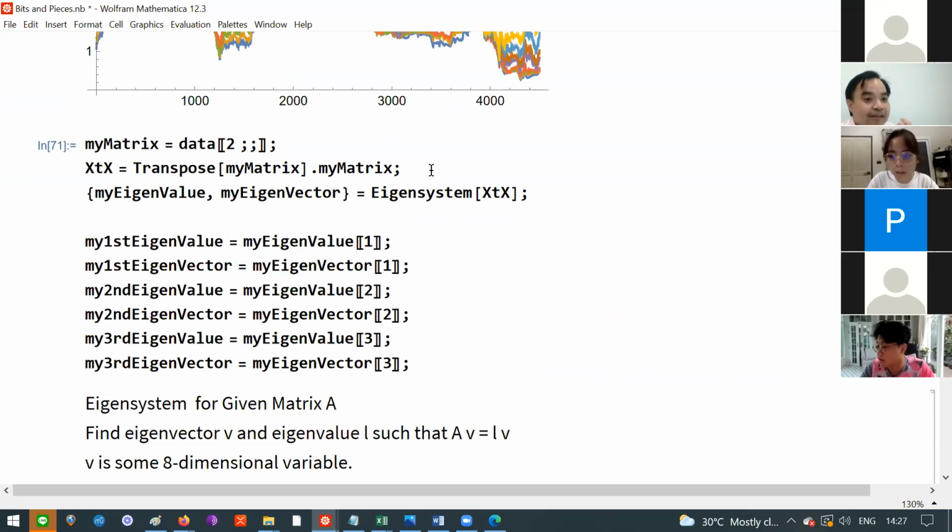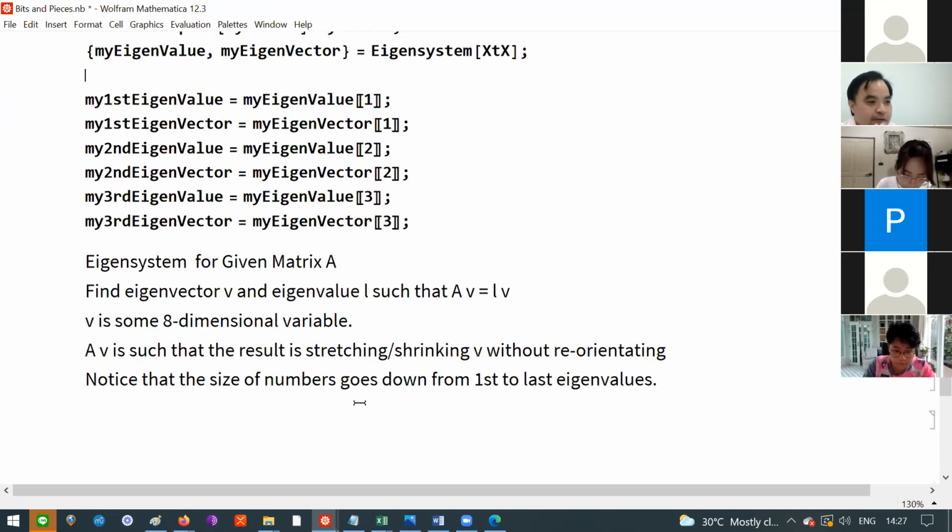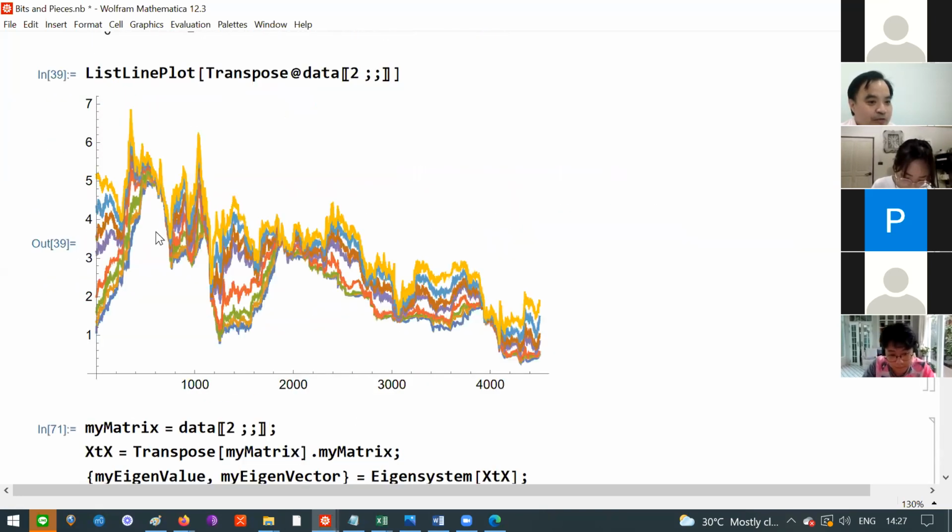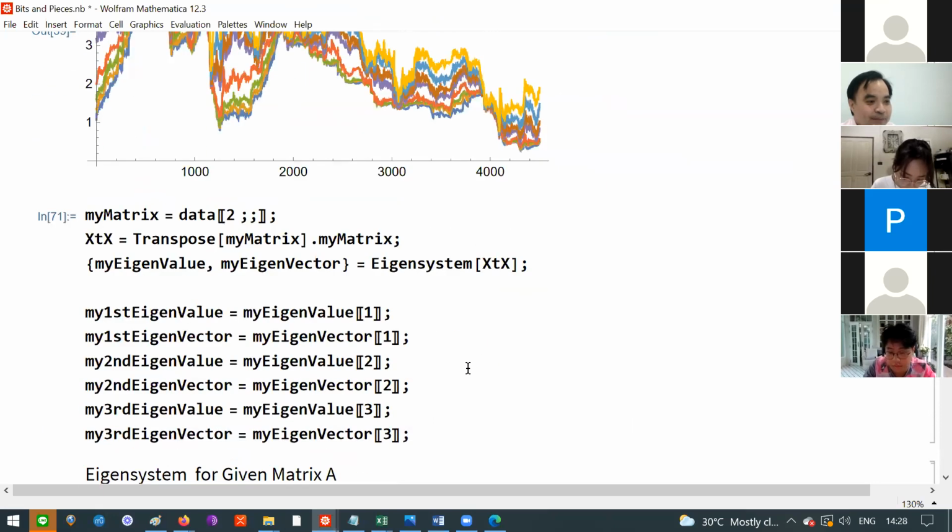So what happened is, and this is the magic. Watch this. If I look at how this thing moves, remember how this thing moves, right?